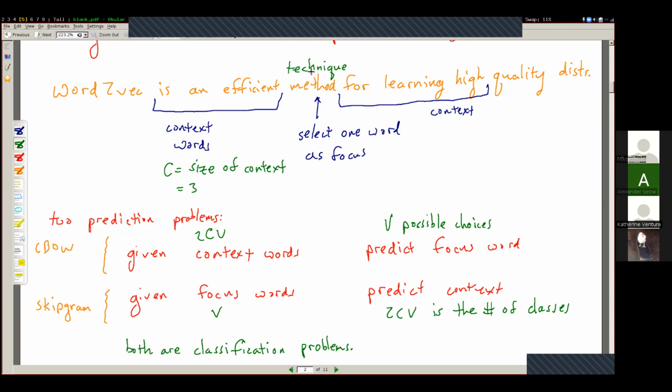And we might hope that the word technique will also appear elsewhere in our corpus that we're learning from, next to words like efficient, for example. Talking about efficient methods also talks about efficient techniques. But if we were to just randomly pick another word, like the word blue, nobody talks about efficient blue. So blue would never, or very rarely, be in the context of words like technique and method.